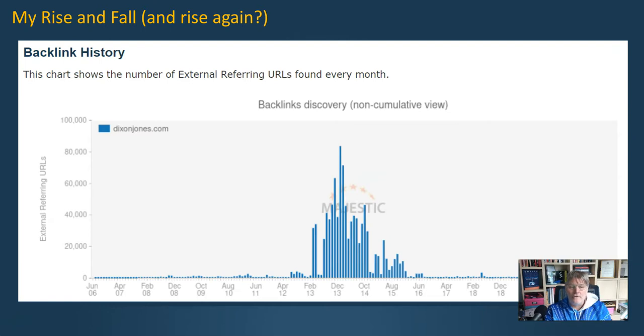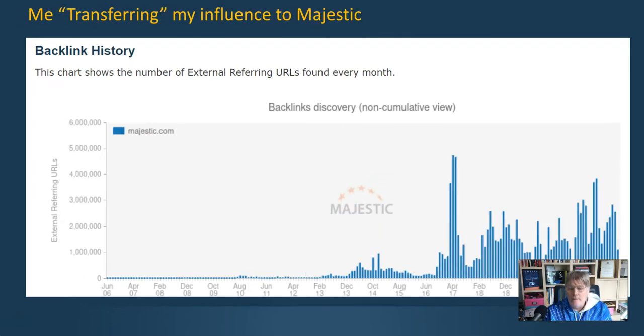But what we can also do is then map that onto my time at Majestic. Just as I stopped blogging on DixonJones.com is the time that I started to build up Majestic's imprint on the world, and so you can see how they started to develop as a business from around about 2013 onwards.